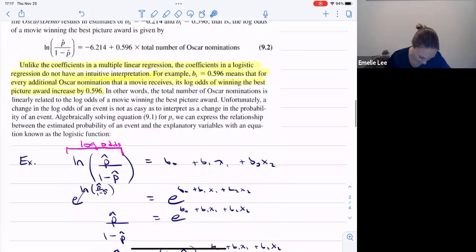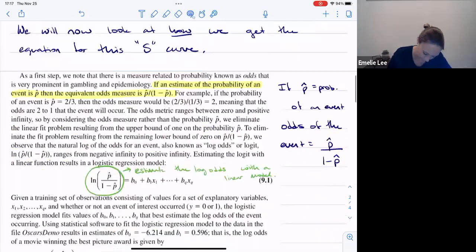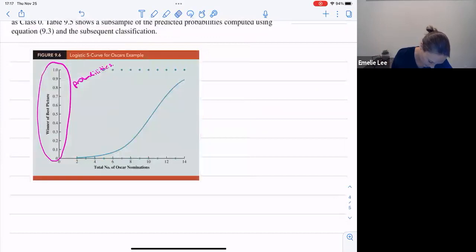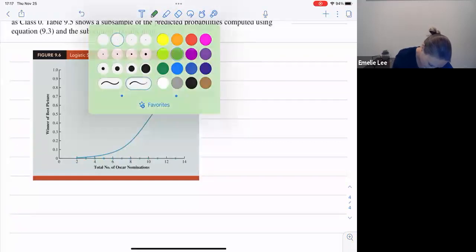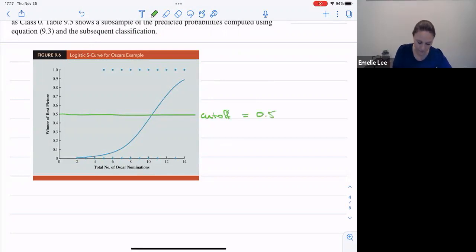So if I just grab that S curve, copy. All right. We can look at these and we can say, okay, well, at some point here, I have a cutoff of a probability of 0.5, which means that at this point, roughly, now I'm not drawing very well here, right?